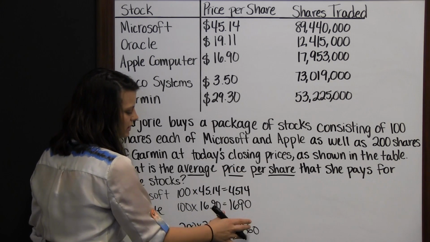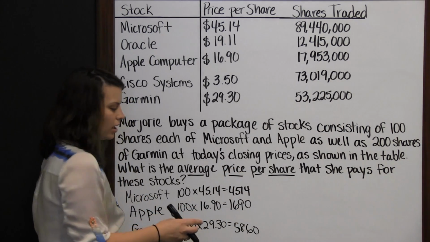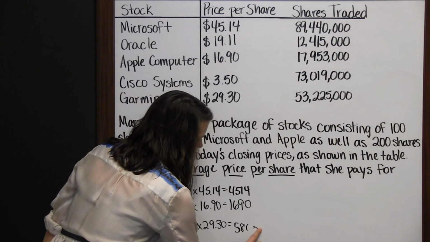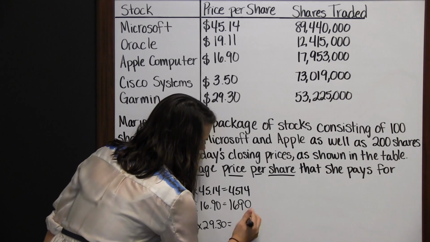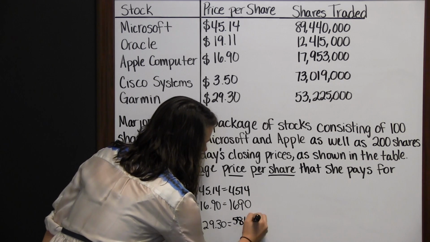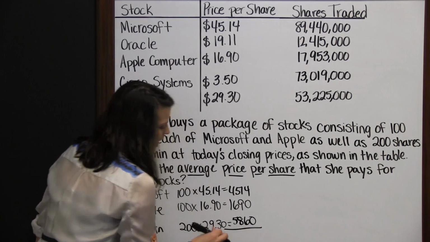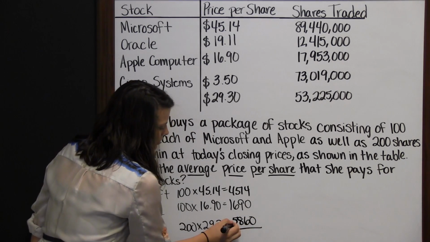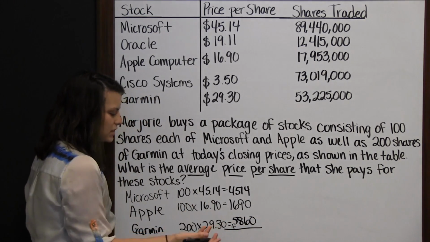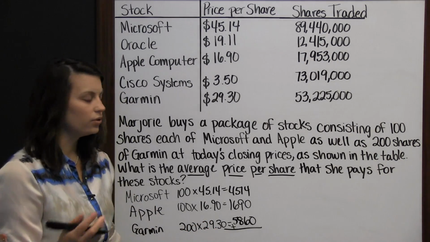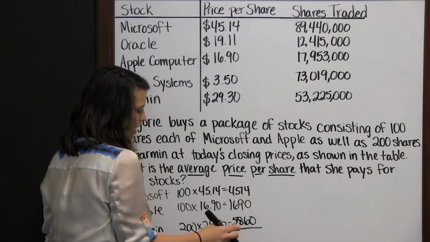So I can use this then to find my total amount of money spent. I'm just going to move this up a little so I have some more room. So I'm going to add these 3 costs together to find my total cost, or my total price.